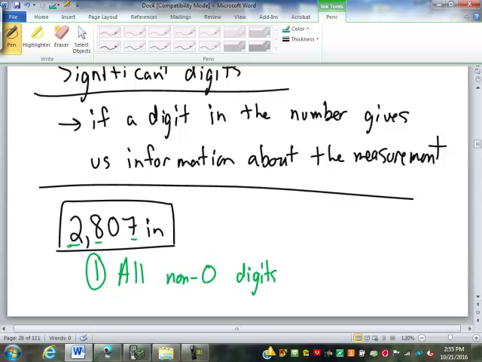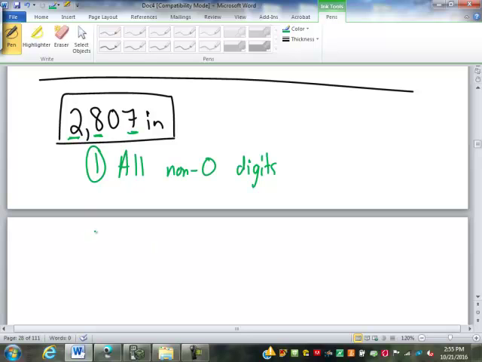So like I said, the 2, the 8, and the 7 are significant. So that's the easy part. Anything that's not a 0 is telling us something about the measurement, which implies that zeros don't always tell us.